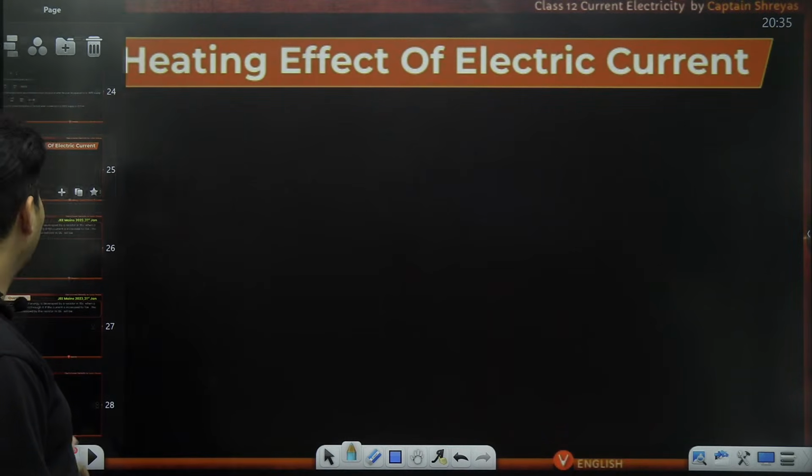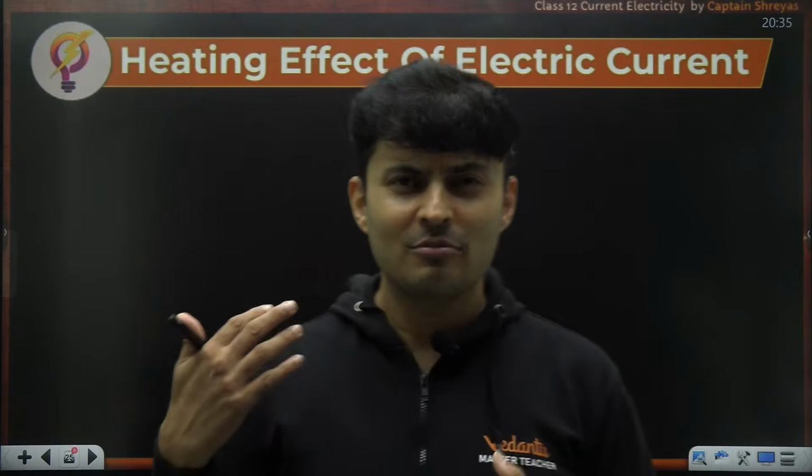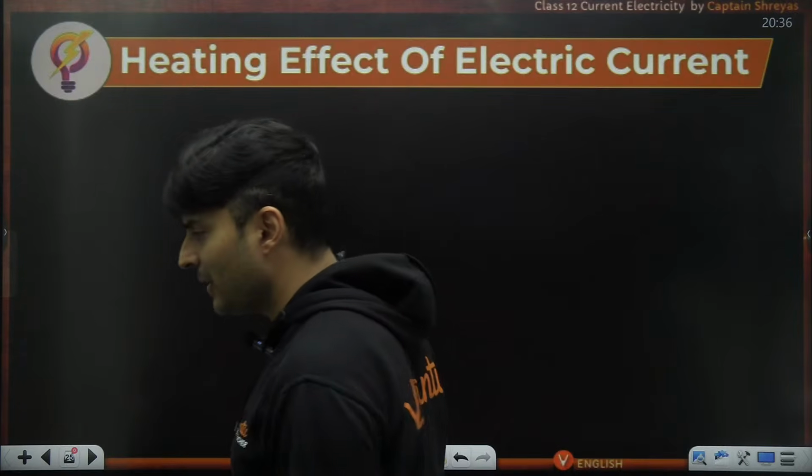All right. Heating effect of the current. Power is energy per unit time, work per unit time. It's joules per second. If you multiply it by time, you will get the joules of the energy being spent.